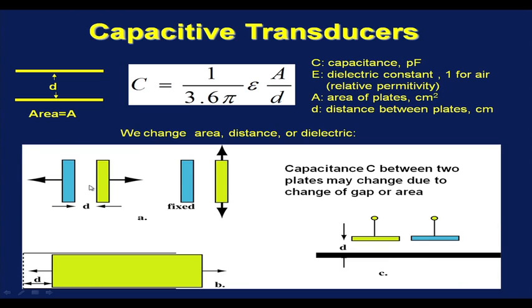So, there will be change in capacitance. If one plate is fixed, another changes, the area between the two plates is changing. So, there will be capacitance change. So, I can have variable area capacitance transducer or variable distance capacitance transducer.